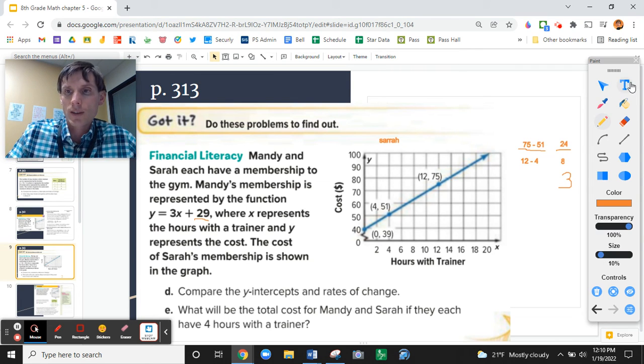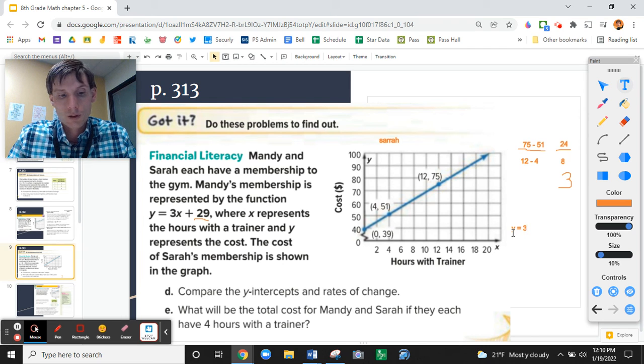So we could write this equation for Sarah here as y equals 3x plus that cost of $39. When we compare the 2, we see right off the bat, since they have the same rate of change but a different initial cost, we know Mandy is going to be cheaper, right? Because they're going to keep going up at the same rate, but this one started at a higher point.